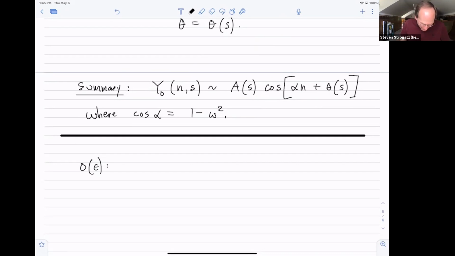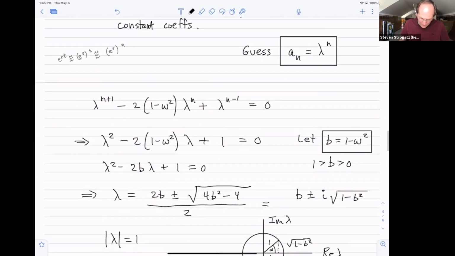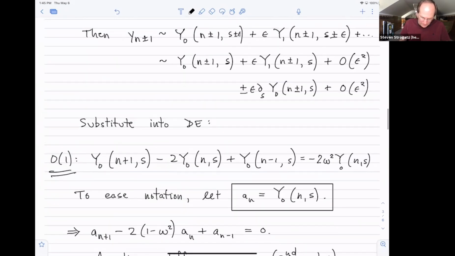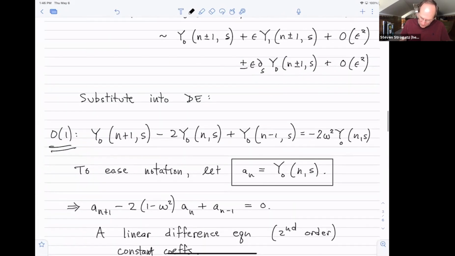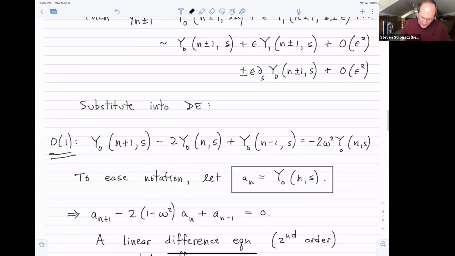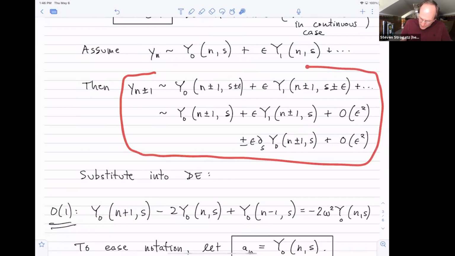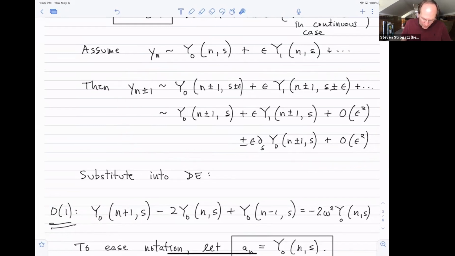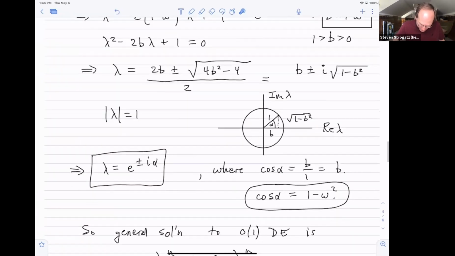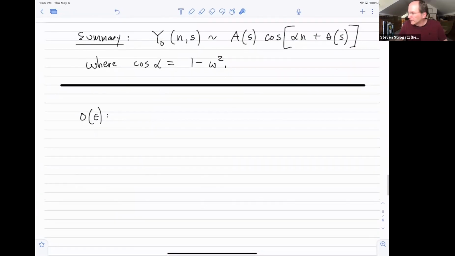All right, so I have order epsilon equations that come from way back where? This is stuff I didn't write down. I had to take all these first differences and plug them into the original difference equation, and then collect order 1 and order epsilon terms. I didn't write it all out, but if you collect the order epsilon terms, here's what you would get at this stage.